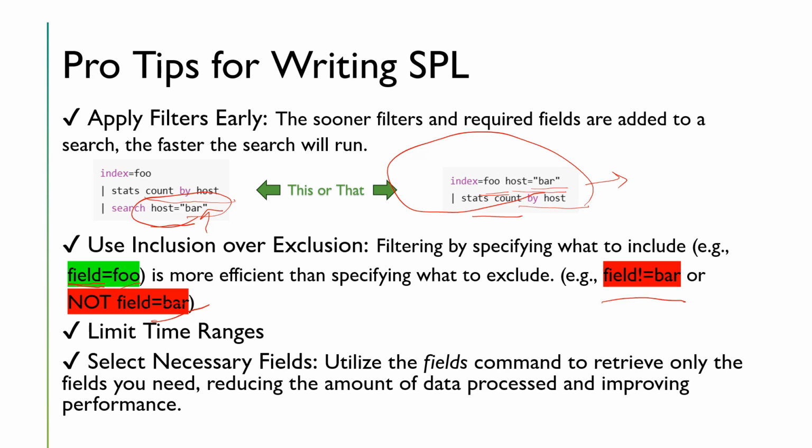Time ranges play a major role when you run your SPLs. By default, it runs for 24 hours, but you might be running it for all time, or the last 7 days or 30 days, whatever it is. That plays a crucial role in pulling out the data, and accordingly it will take time. So it's always suggested that you select the appropriate time range from which you need the data.